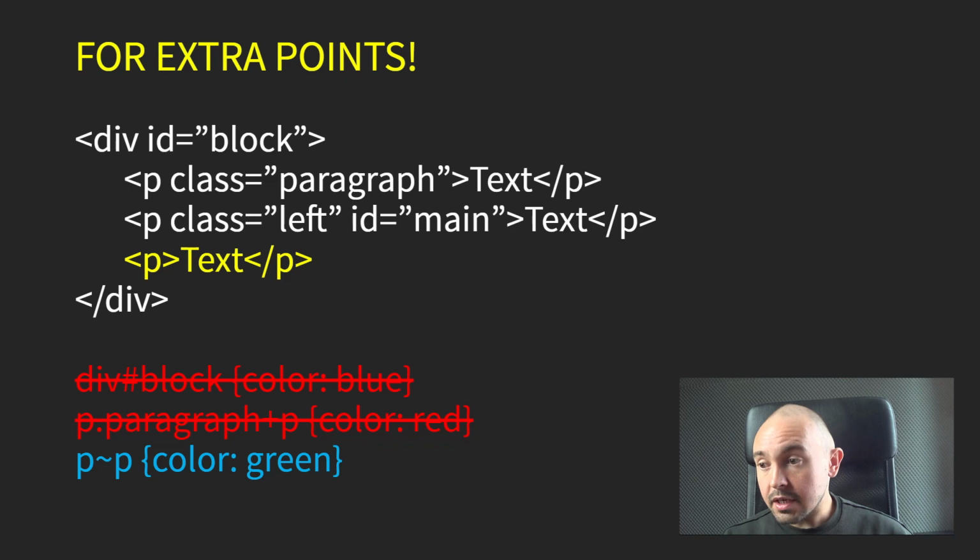Our p tag is a younger brother of a p tag with the class of paragraph, but not the first younger brother. That's really important. So all we get is the third rule, which is a p tag, which is any younger brother of another p tag. And we can see it refers exactly to our p tag. So this is how the cascading works.